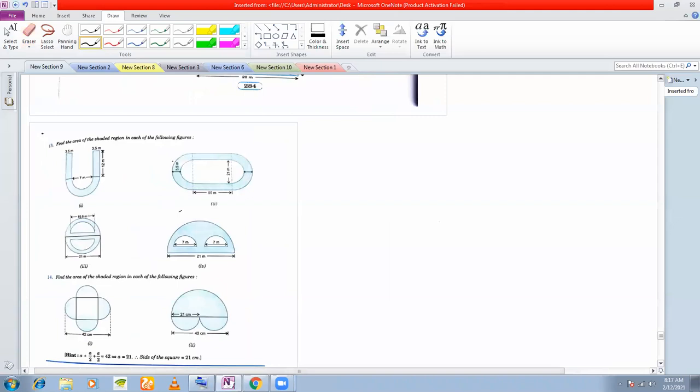Last sum will be 14 first part. And if you are unable to do the second part, you tell me later, I'll do the second part also.